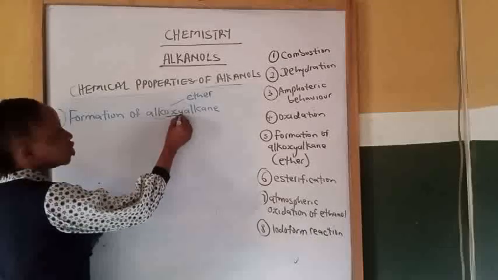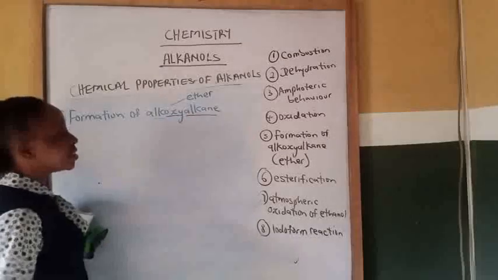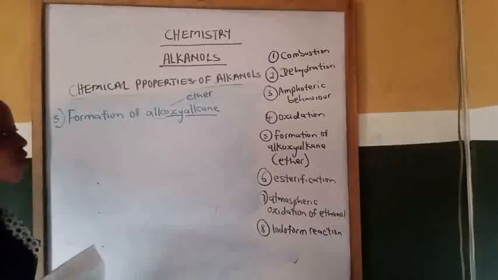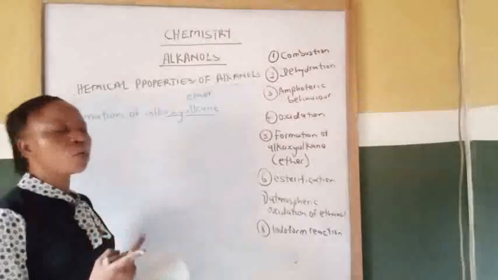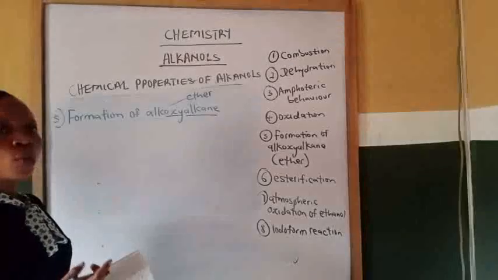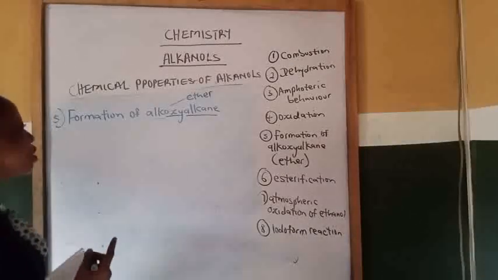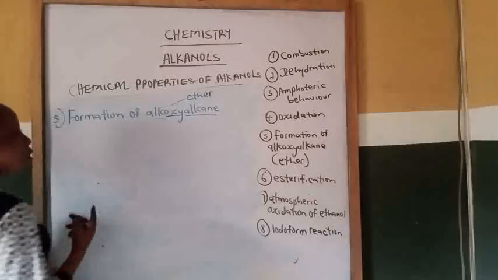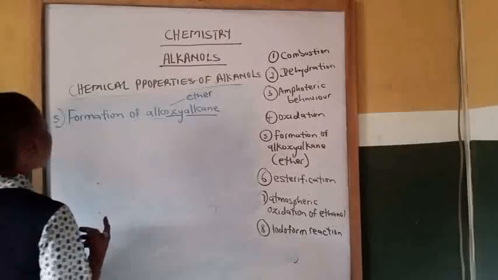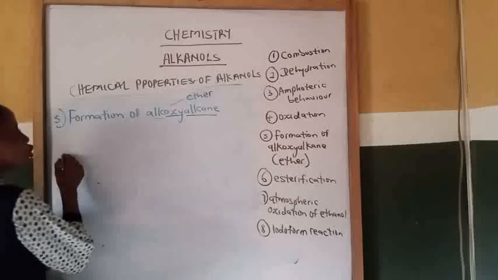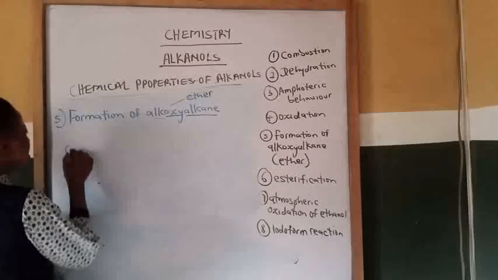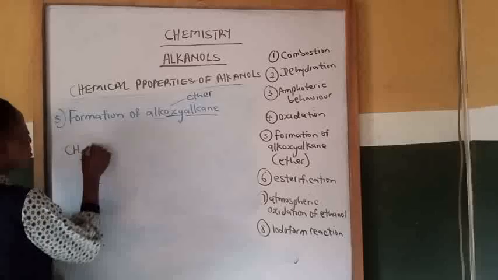We produce alkoxy-alkane from reaction between two molecules of alkanol. So we are going to use two molecules of alkanol to produce the alkoxy-alkane.